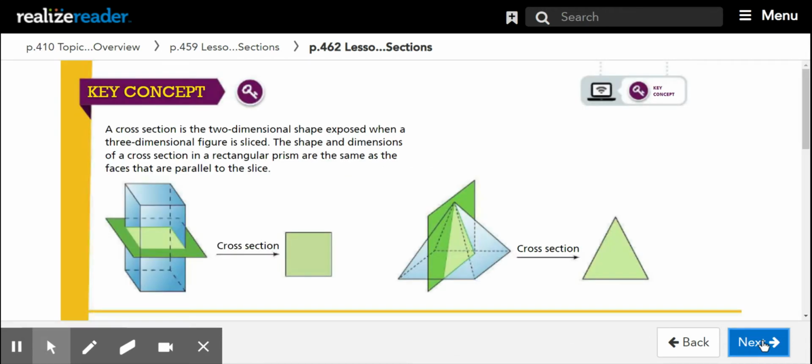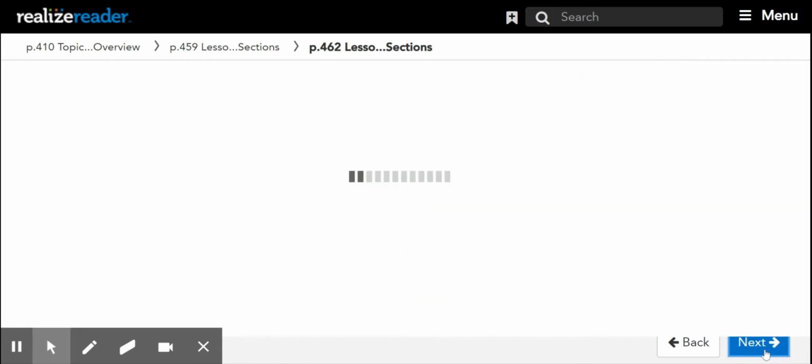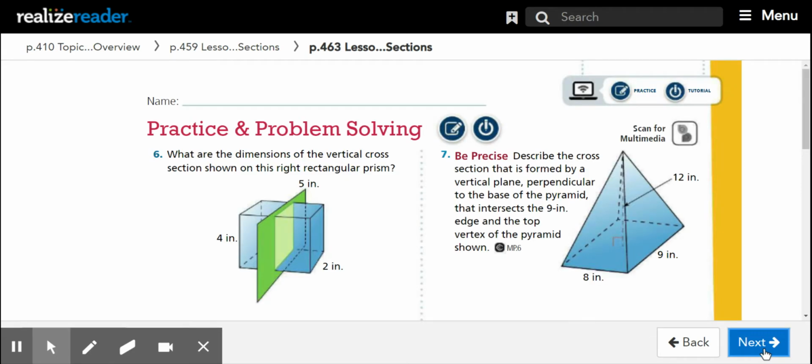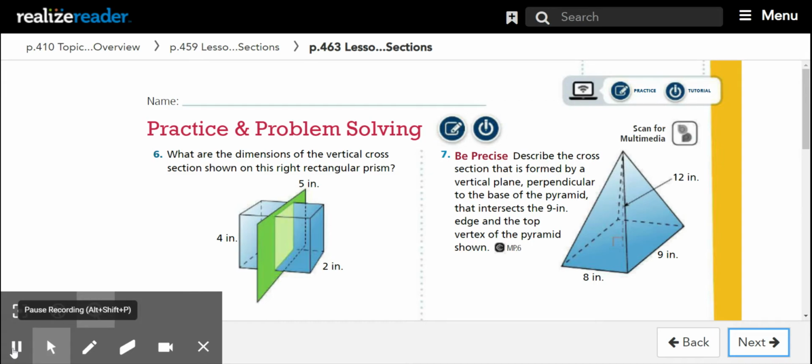So assuming that your cross sections are sliced and they're not diagonal, then it will be really easy to figure out what the cross section would be, because if it is parallel to the base, then it's the same shape as the base, and if it's cut vertically, it's the same as the face on the side there. So what I'm going to do now is try one of these examples here, and I would like for you to write that in your book.